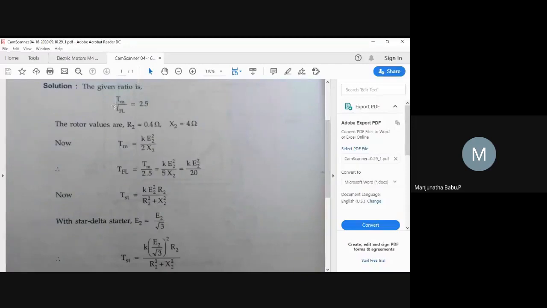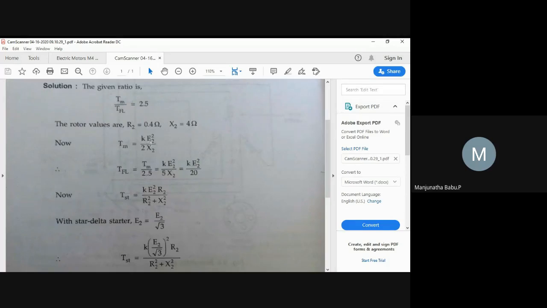He has given the ratio of maximum torque to full load torque as 2.5 to 1. Whether it is 2.5 or 25, take it as 2.5. Now we know the rotor resistance and rotor reactance at standstill are given.